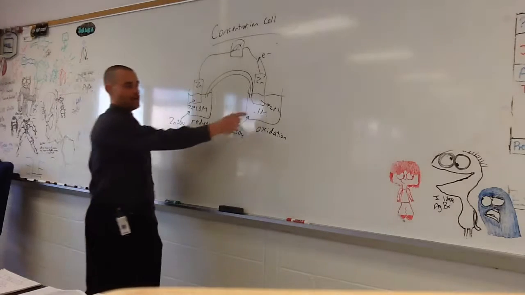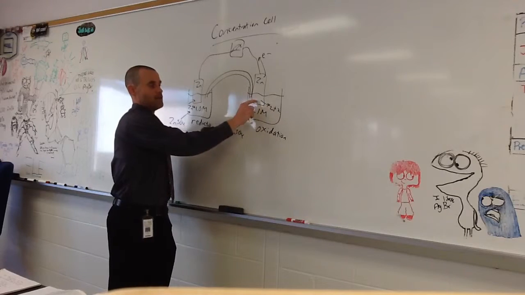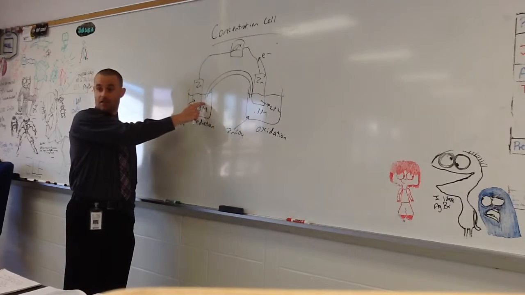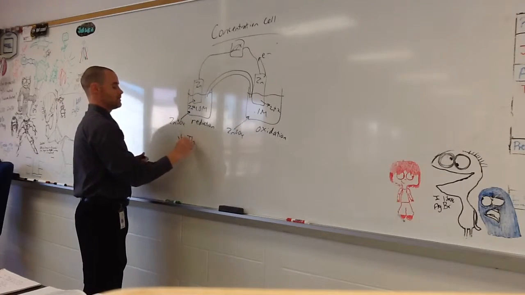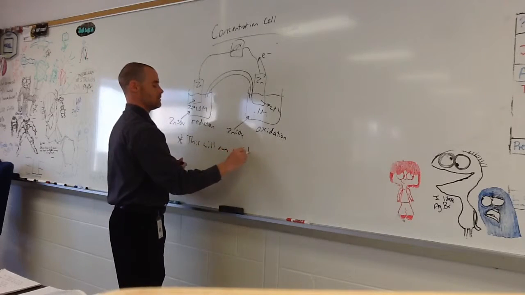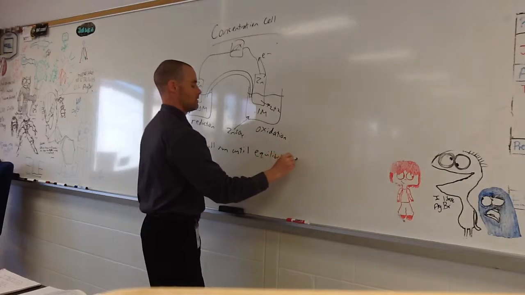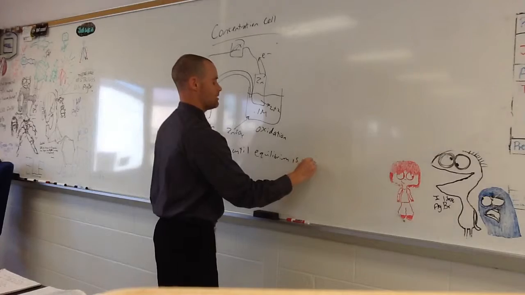Is the concentration of the Zn2+ going to go up or down as this runs? Up here, because Zn2+ is going to increase, and the Zn2+ is going to decrease there. So they're going to reach an equilibrium. So let's write that. This will run until equilibrium is established.